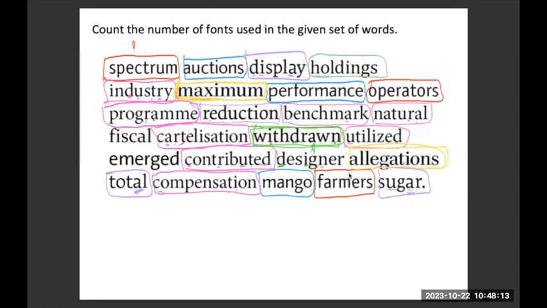Hello, ma'am, can you do it again? I cannot do this again. It's a difficult exercise. I'm solving this while doing this only. So what I've done here is I've marked using colors the fonts which are different, because I'm solving this while actually marking the fonts together.